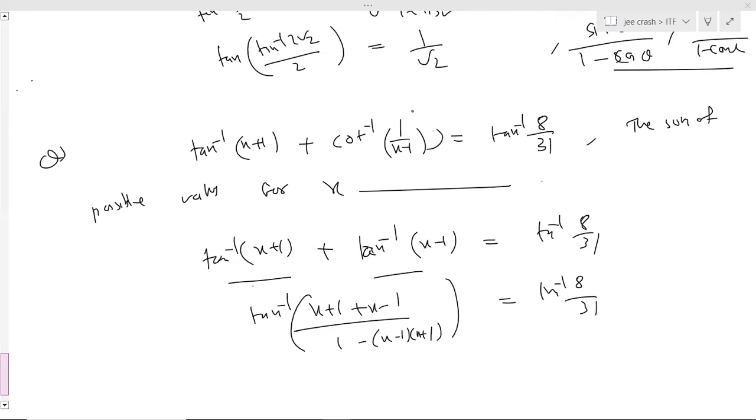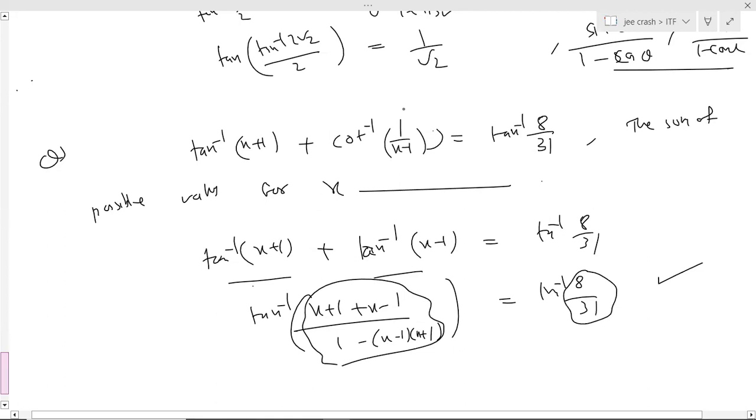Please check the calculation again. You just have to simplify this equation and equate that with 8 upon 31. I believe this is an NCERT question, right? They just changed it to possible values of x, find the sum. Otherwise, the question is from NCERT.